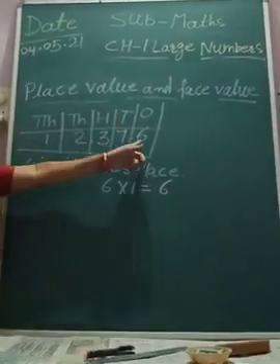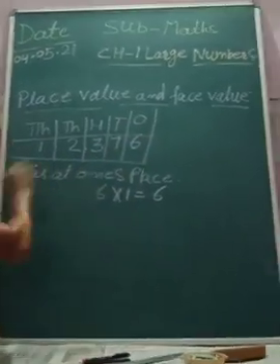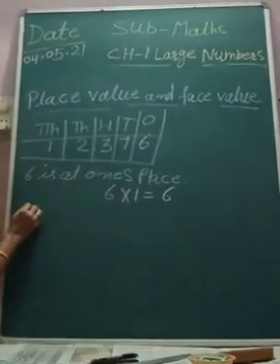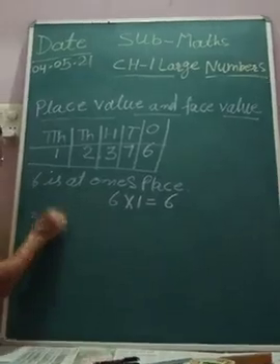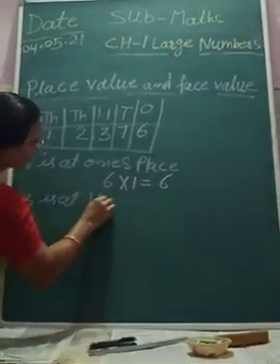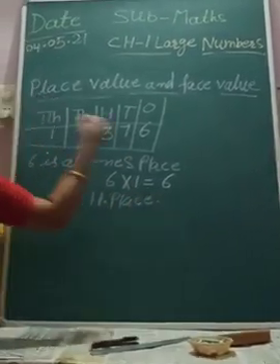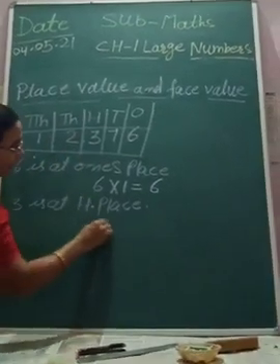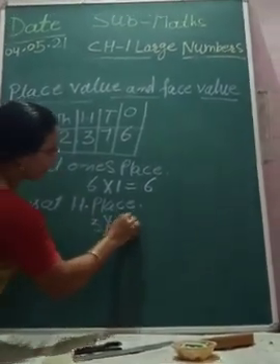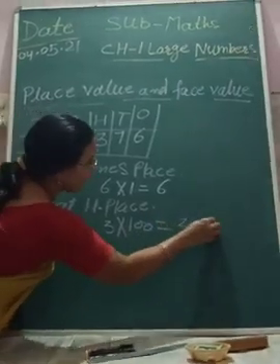So the value of this 6 is 6, because it is on the ones place. Now this 3 is at the hundreds place, so we will multiply this 3 by 100. So the value of this 3 will be 300.